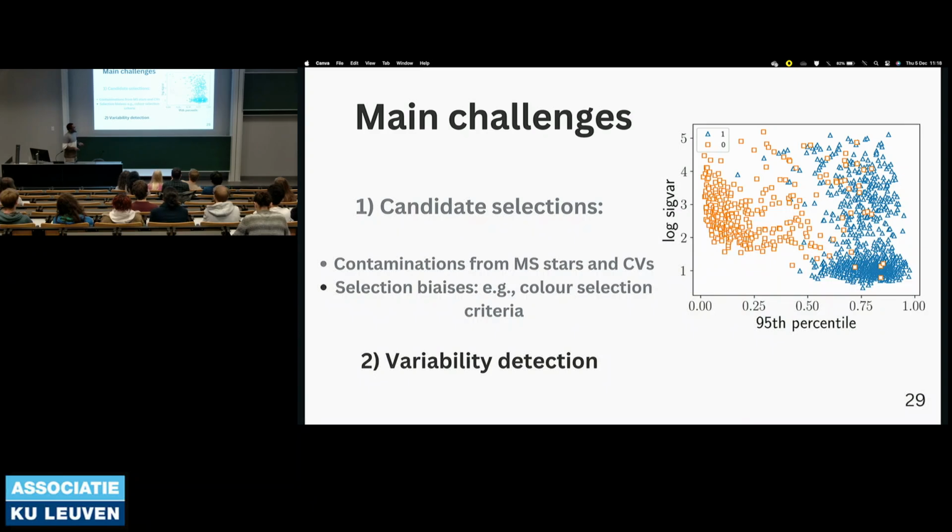This plot is just an illustration of any kind of statistics if we try to classify non-variables and variables using such a technique. For example, the blue ones are the non-variables and the orange ones are the variables. So we can still see some overlap between these two data points.